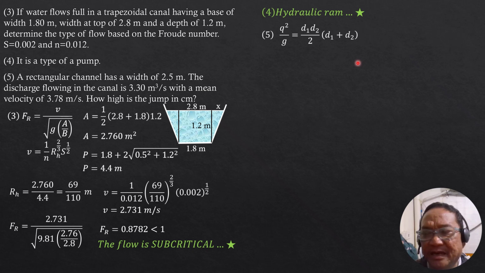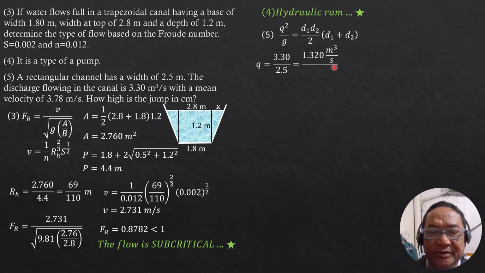This small q is capital Q, which is 3.30 divided by the width of the channel, 2.5, and therefore it is equal to 1.320 cubic meter per second per meter width of channel. So solving for depth 1, because the discharge by continuity equation is the same.